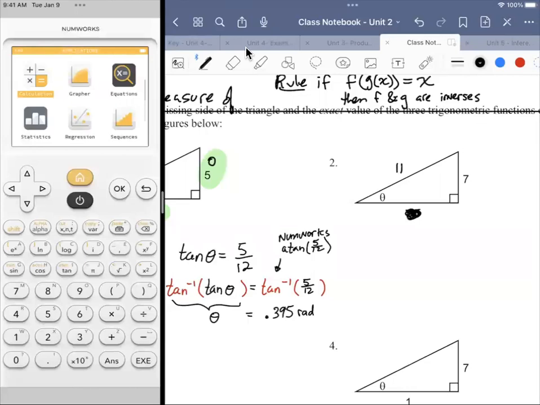Still from the same perspective, but now the relevant sides are the hypotenuse, the opposite, and this is the adjacent. The two that I know about are the opposite and the hypotenuse. So that leads me to the sine function. Sine of theta, which is opposite over hypotenuse, is equal to 7/11.